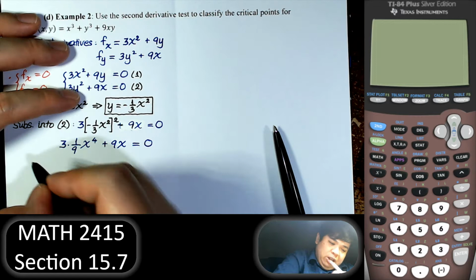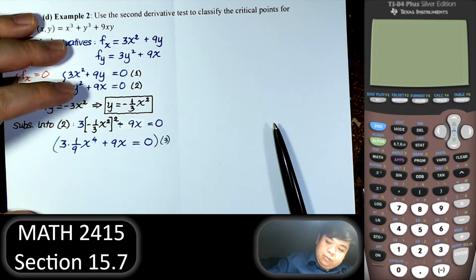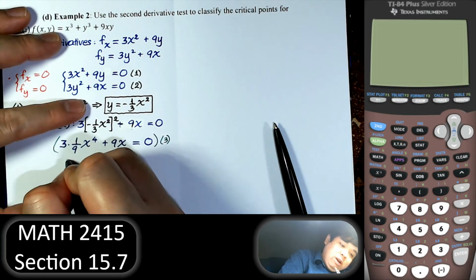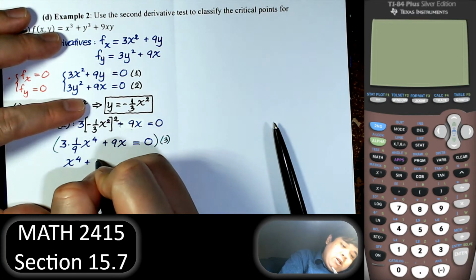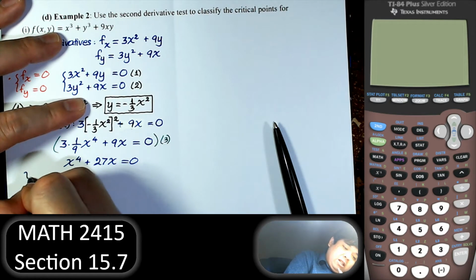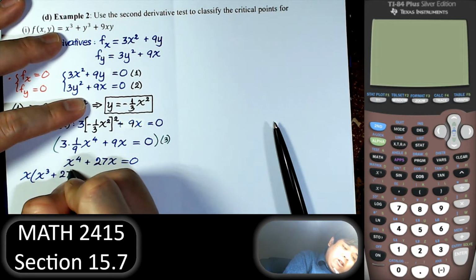Multiply both sides by 3. 3 and 3 give us 9, which cancels with the 9, so we have x to the 4th plus 27x equal to 0. Factor out x, we have x times x cubed plus 27 equal to 0.